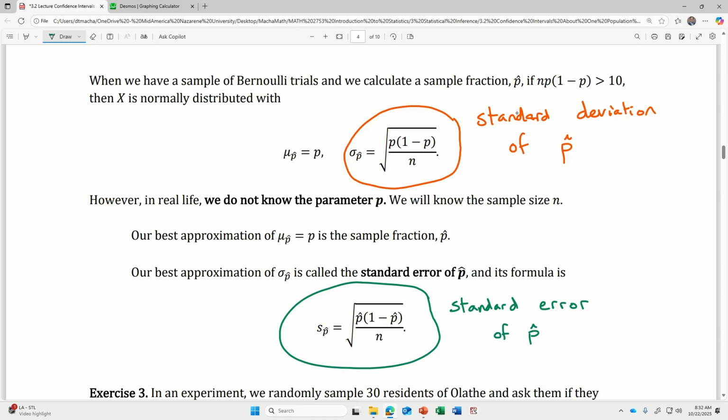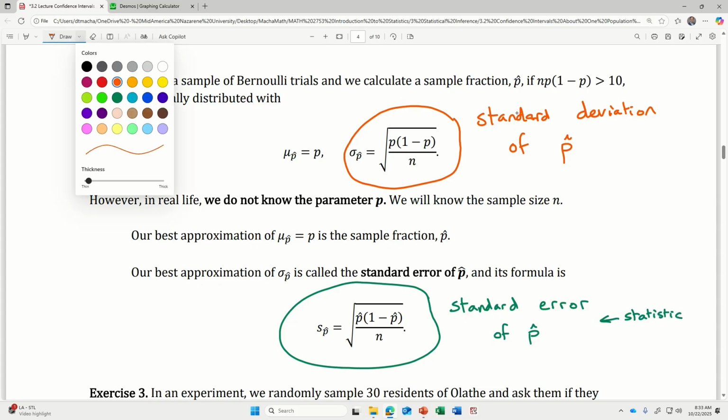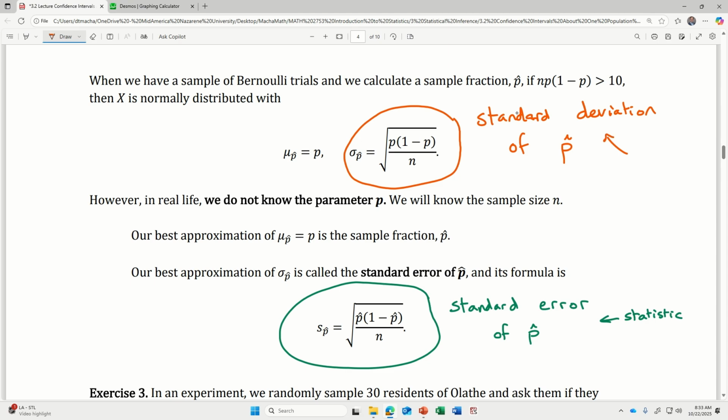And we call this a different thing because this is a statistic. It's something we can calculate in real life. And it's supposed to be a good approximation of this. The standard deviation is a parameter that we cannot know in real life. We can't calculate the parameter in real life. We can only approximate it with a statistic.